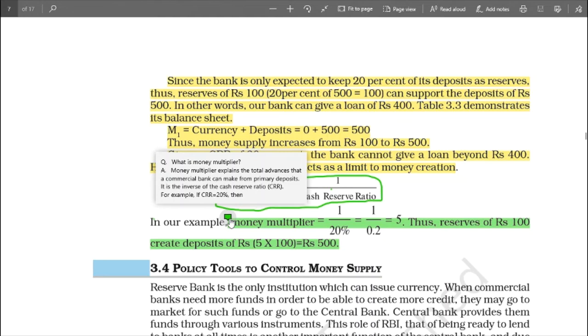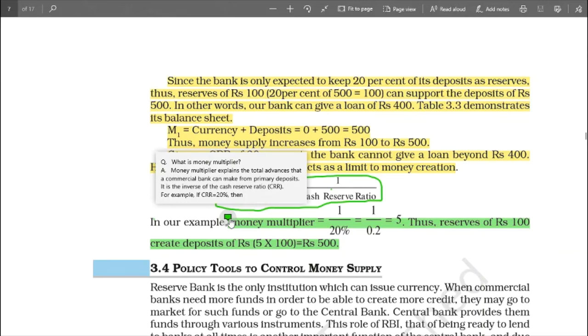Multiplier explains the total advances in terms of loans that a commercial bank can make from primary deposits. How much from the primary deposits of 100 can banks advance as loans? That is the concept of money multiplier.